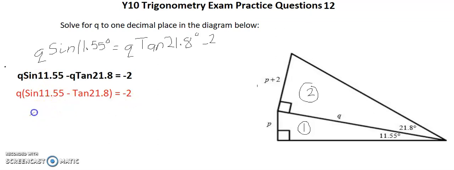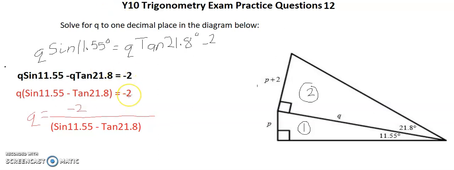So that gives me Q is equal to negative 2 over sine 11.55 take away tan 21.8. Based on this, we just need to substitute it into a calculator, and we find out that our Q is going to be equal to 10.01.